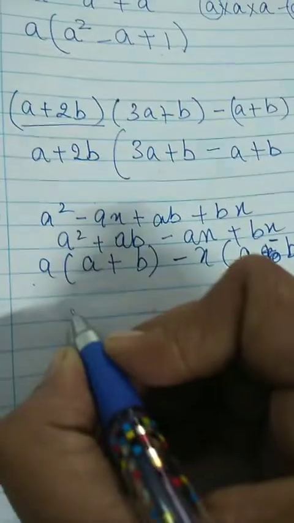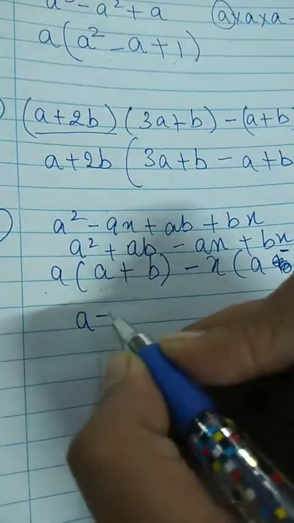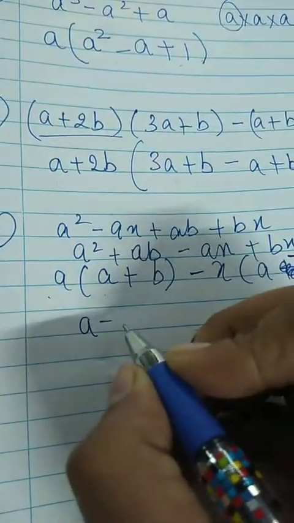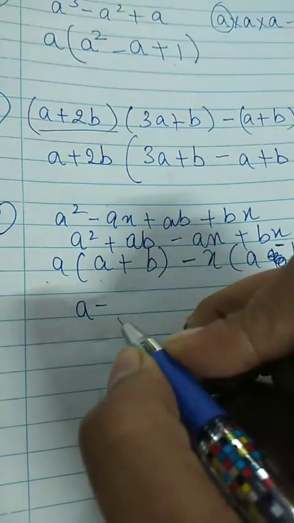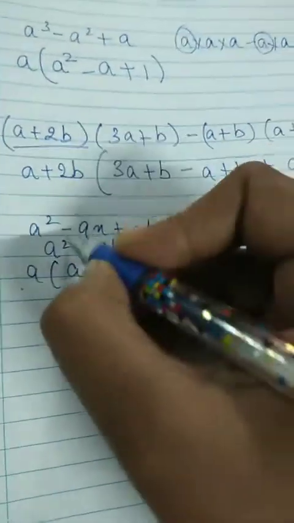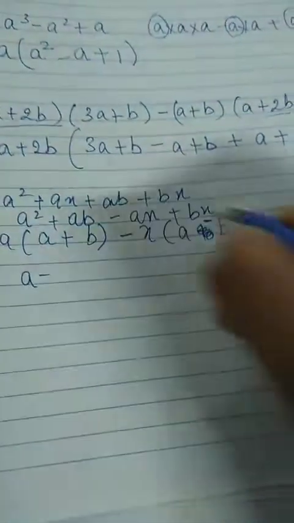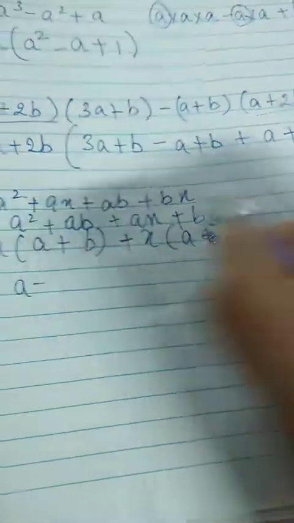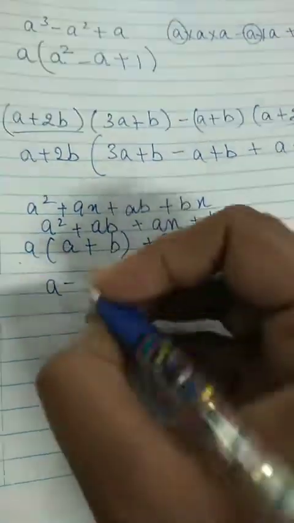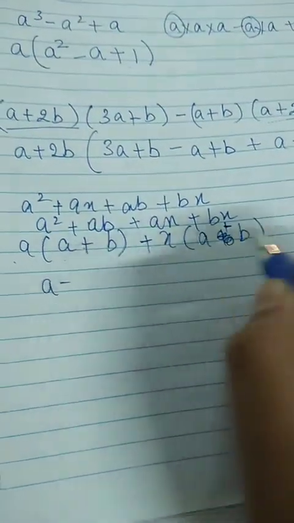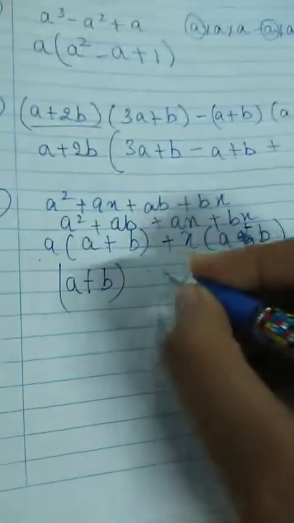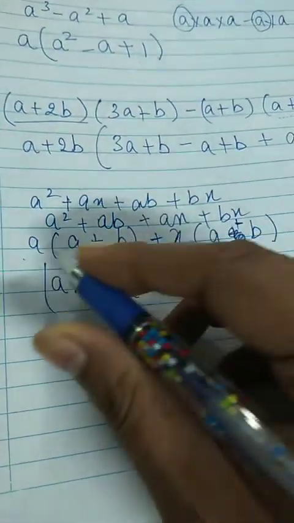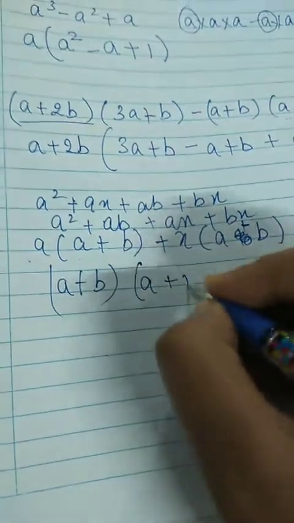Students, there is a mistake in the question: it is not minus here, it is plus here. Now you can see a plus b is common throughout, so we will write a plus b in a bracket, and here we are left with a and x, so we will write a plus x in this bracket.